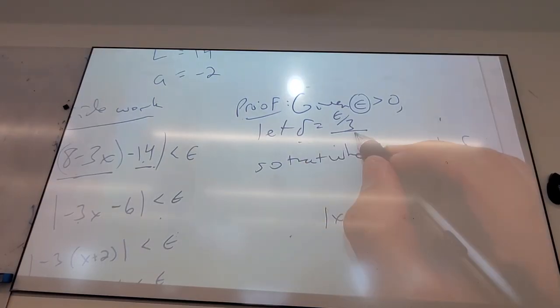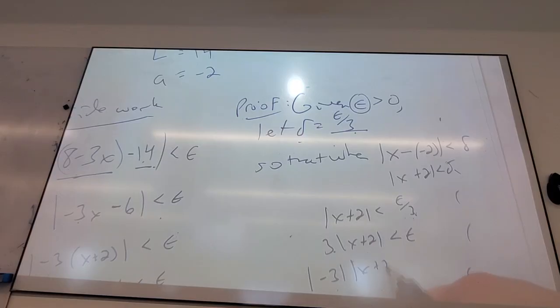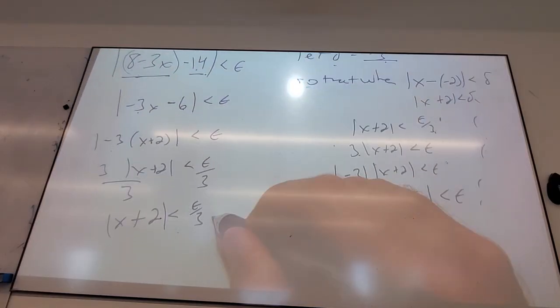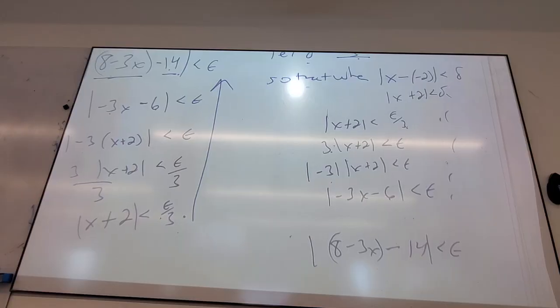So x plus 2 less than epsilon over 3. I can multiply both sides by 3. 3 is equal to the absolute value of negative 3, yes? Then I can bring that back in. I basically do all this work backwards, and that's the part that feels like you're cheating.